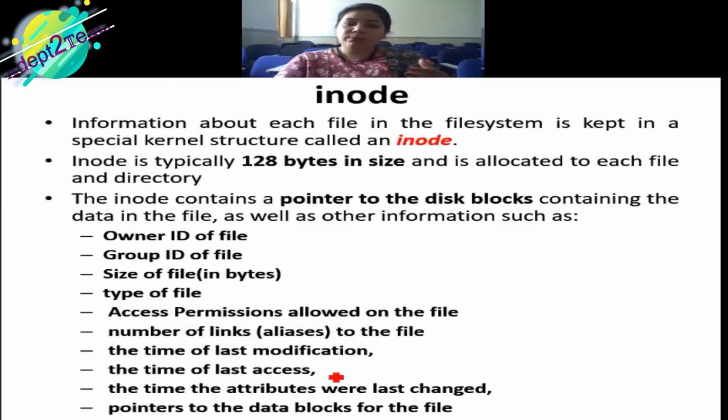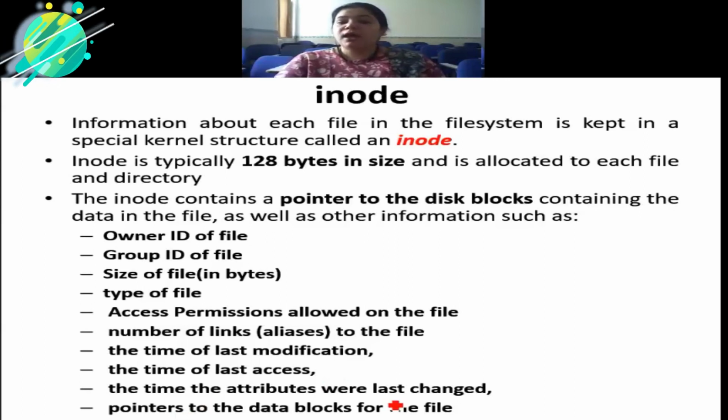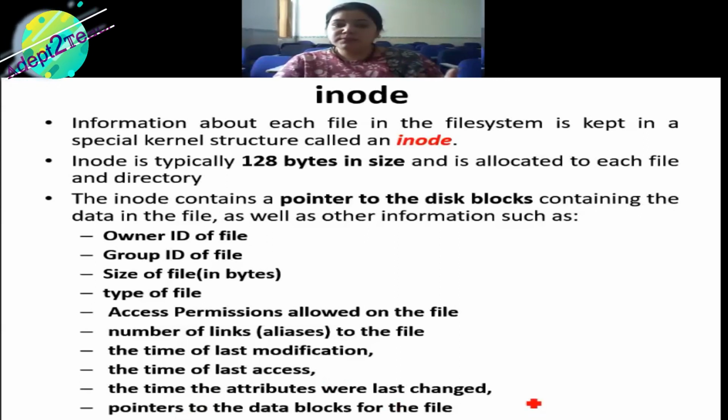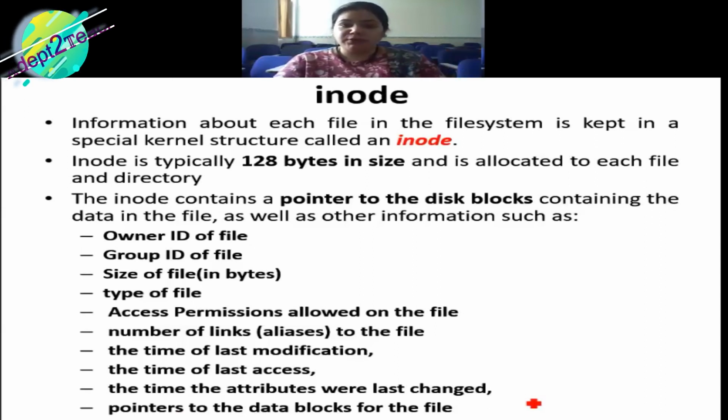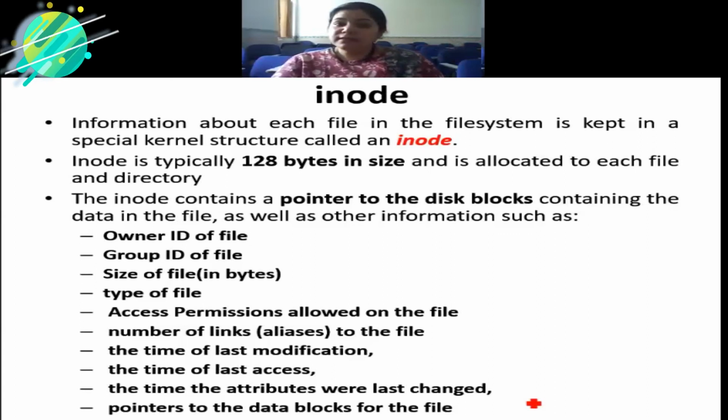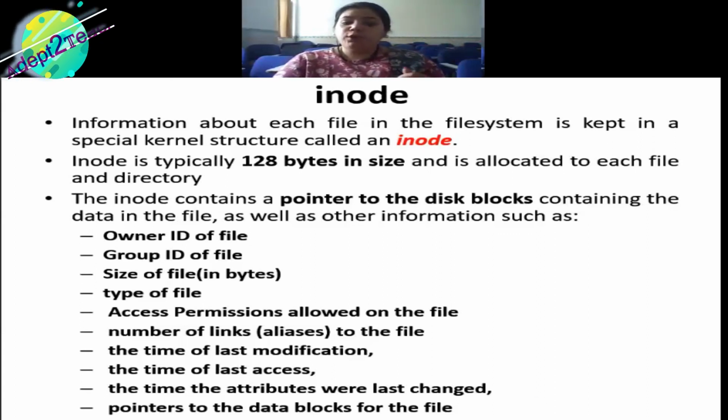Modification means if at any point of time you update the data in the file. The time the attributes were last changed: attributes could be permissions, or if you transfer the file from one location to another, that can be an attribute.